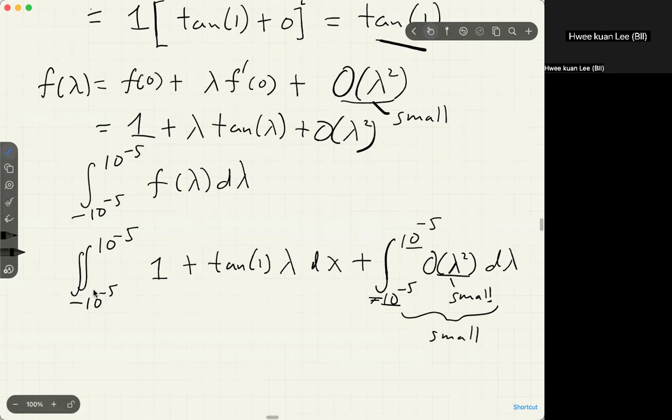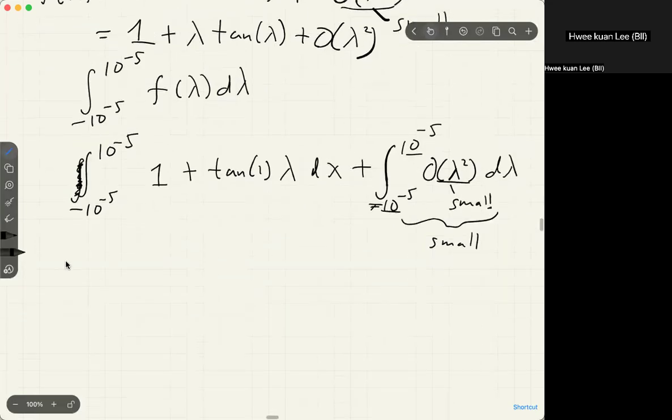Okay, now we are left with this. There's only one integral here. So it's easy, right? It's easy.